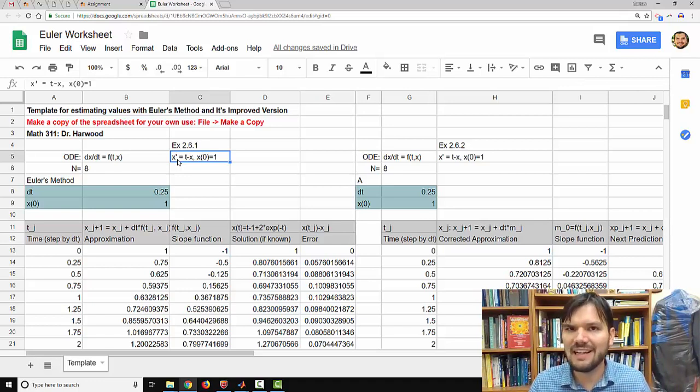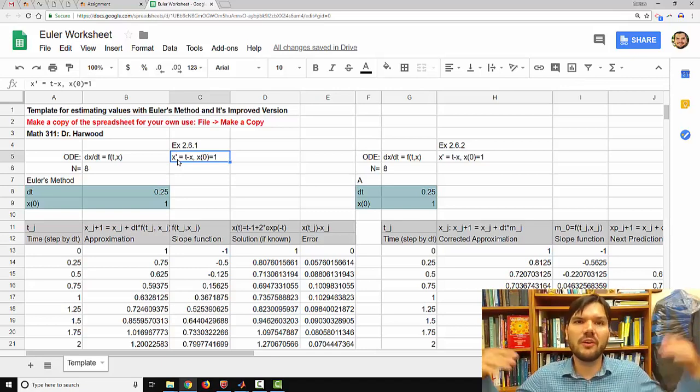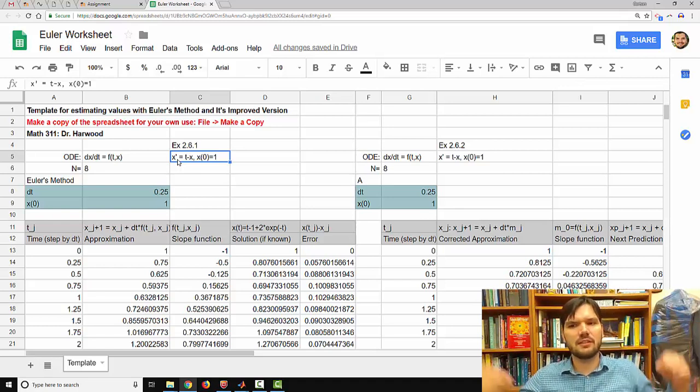But the real power behind numerical methods is when you can use them to solve differential equations that no other method can. So I did mention earlier that the exact method is the most general method for solving first-order differential equations. Well, the Euler method is even more general, except it doesn't solve them. It approximates them. So we lose that little bit.